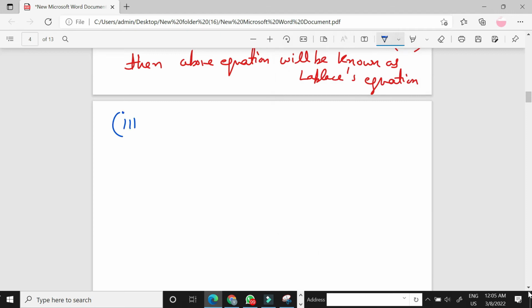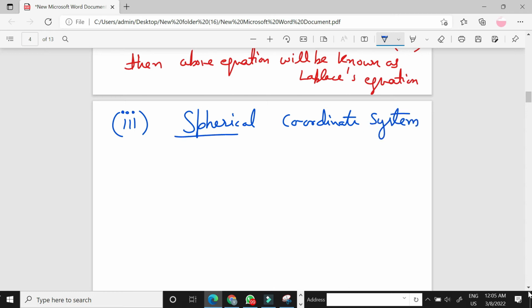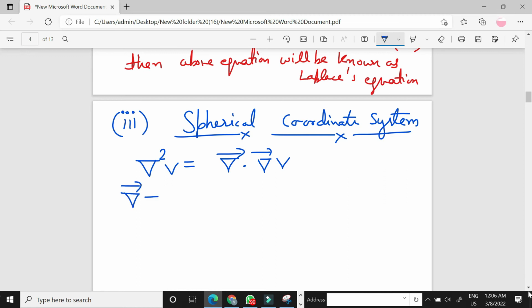Third is for spherical coordinate system. What is del in spherical coordinate system?